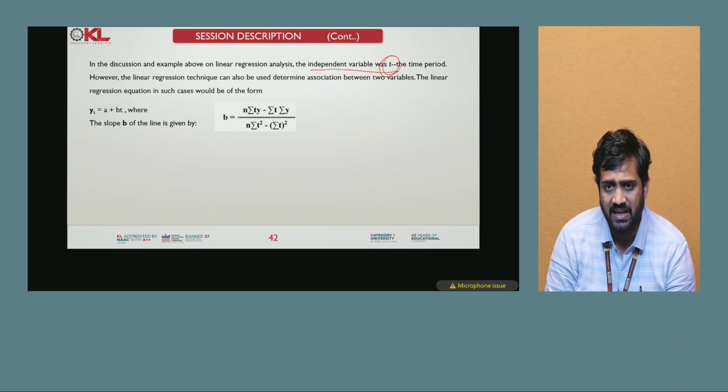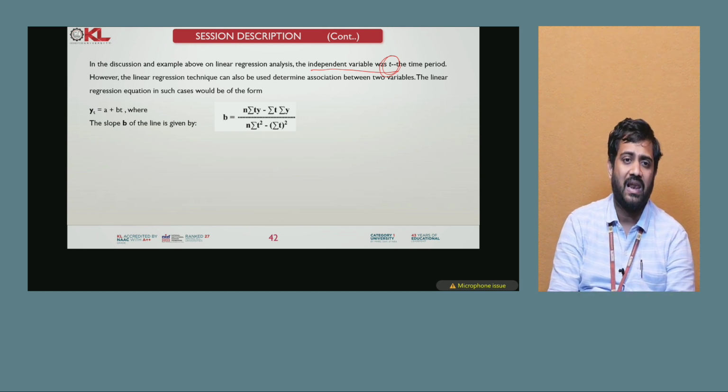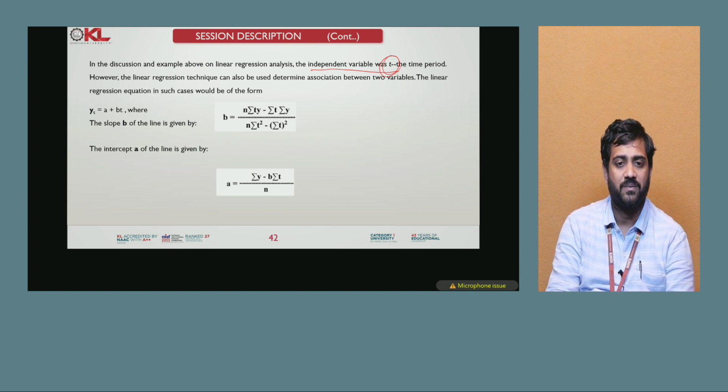There is no x here, the time period t will come into the picture. Now the slope b of the line is given by b equal to n into sigma t y minus sigma t into sigma y, divided by n into sigma t square minus sigma t whole square. The intercept a of the line is given by this relation.